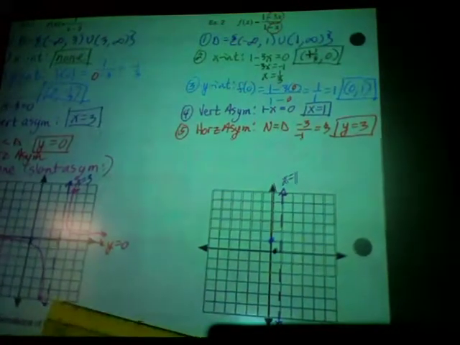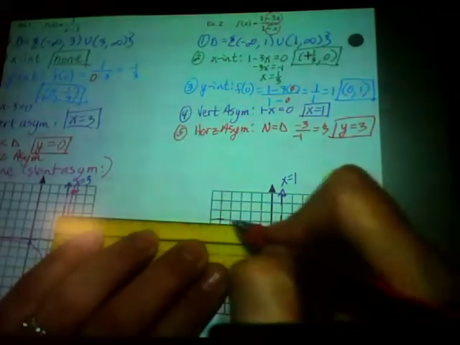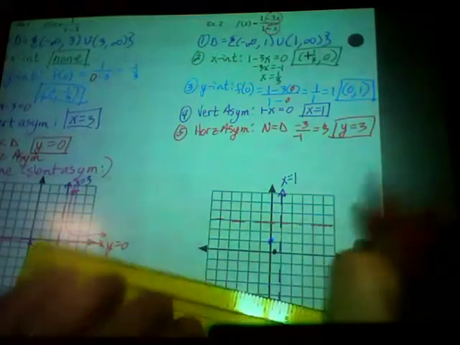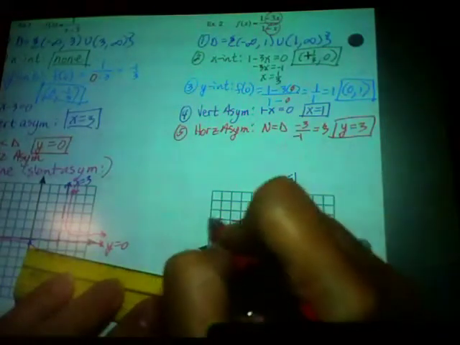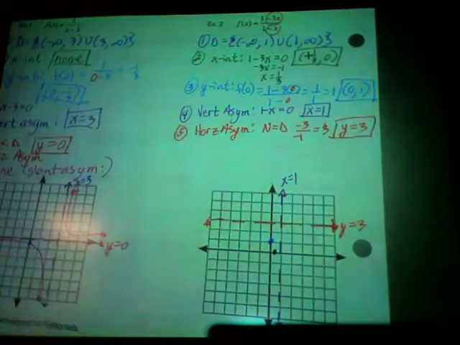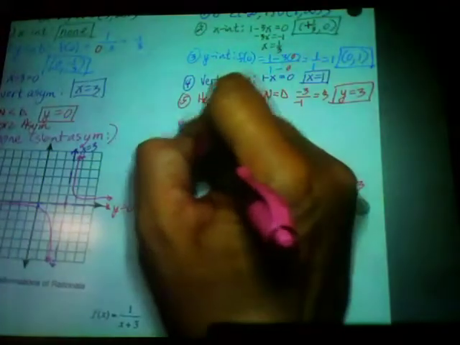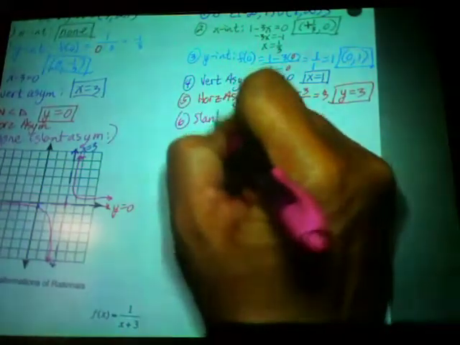And so then I'm going to plot that with a dotted line. Y equals 3. And then we have one last thing to do, right? Slant.